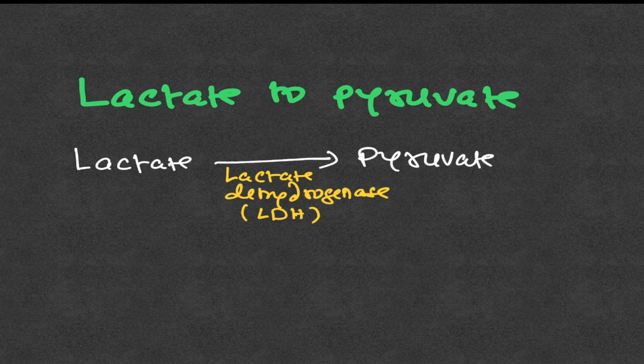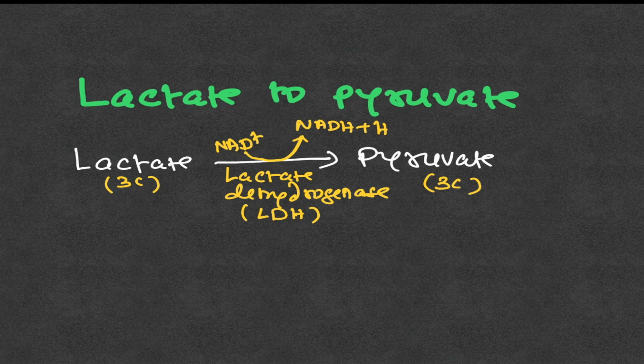During this process, NAD plus enters into the reaction and is reduced into NADH plus H plus. That is how lactate is oxidized into pyruvate. Note that lactate is a 3 carbon molecule and pyruvate is a 3 carbon molecule.